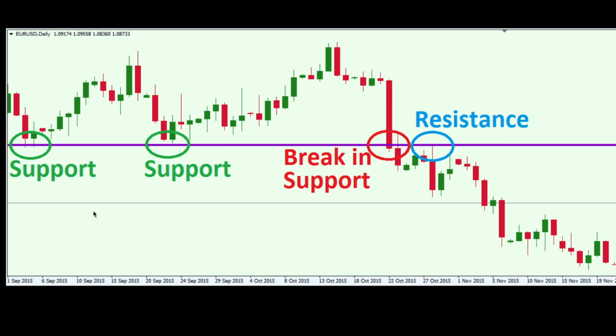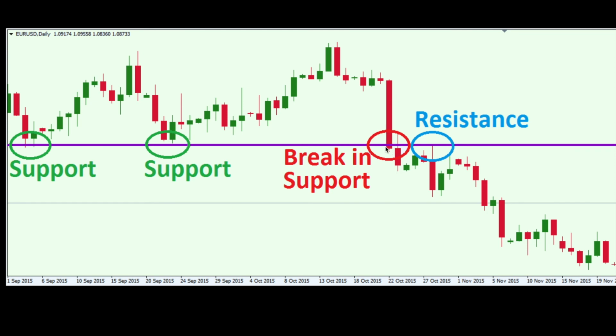Now, support here, bounce, comes back up, comes back down, bounce, support, comes back up. Now, the sellers are testing this support, and it breaks through, right? Price breaks through support. Now, what does that mean? That means that there are not enough buyers who are willing to buy to take out these sellers, okay?